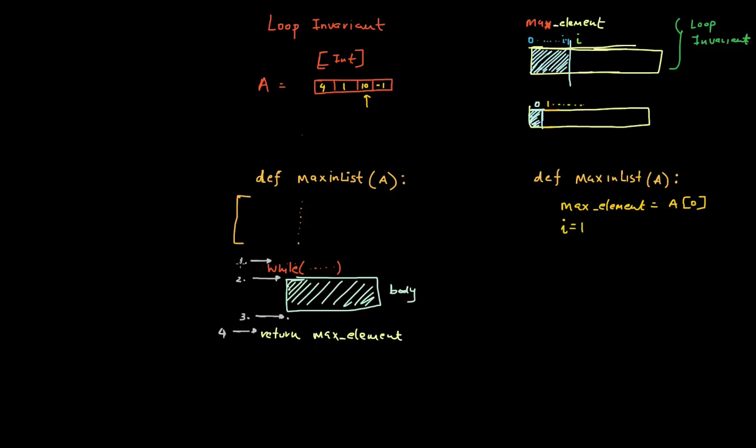Let's ensure that my loop invariant holds at this point 1. It holds at 1 because after that I'm going to start my loop. So, being consistent with my colors, this is the start of my while loop.